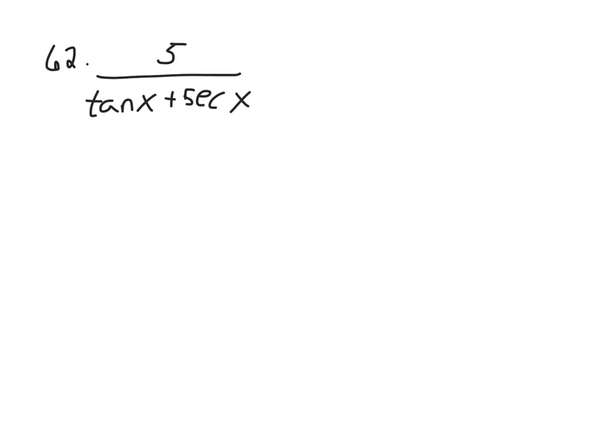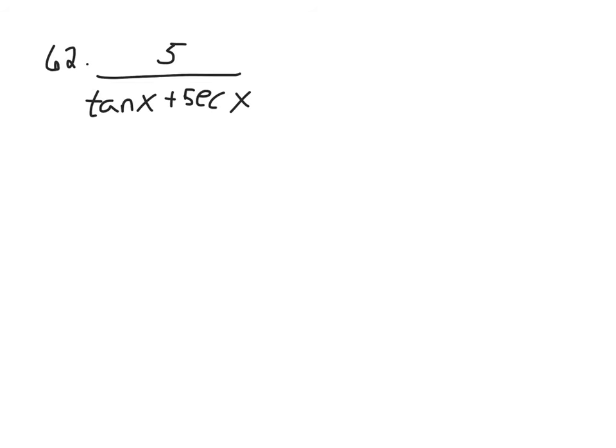But I do know that tangent and secant are related by the Pythagorean identities, very similar to that last problem that I did. So I'm not going to combine those right off the bat, because I think there might be another way to go about this.